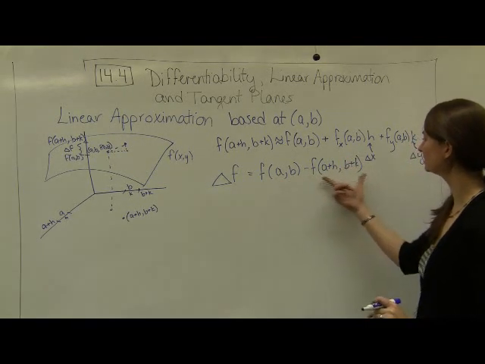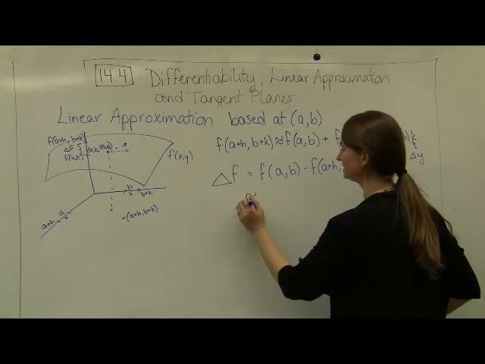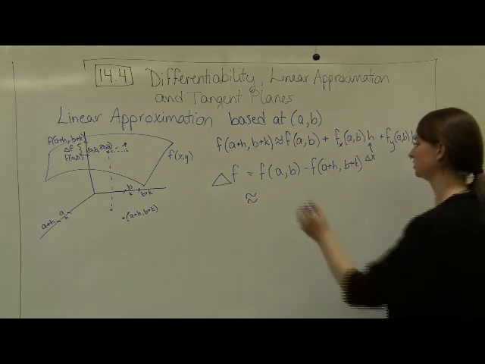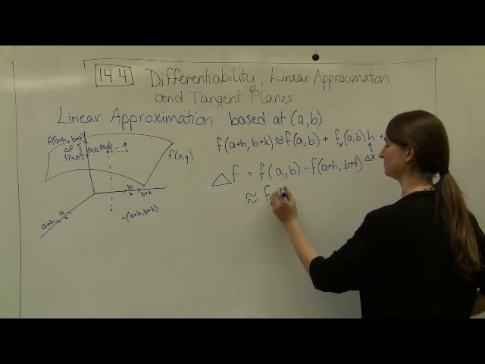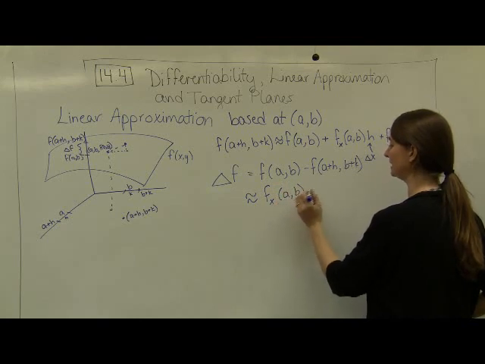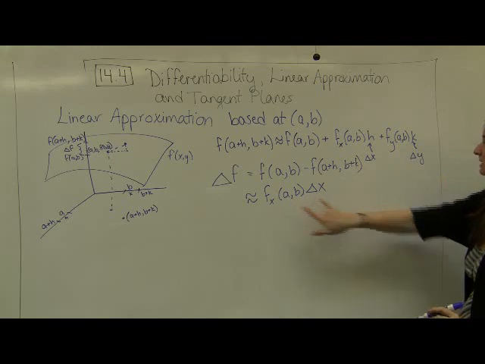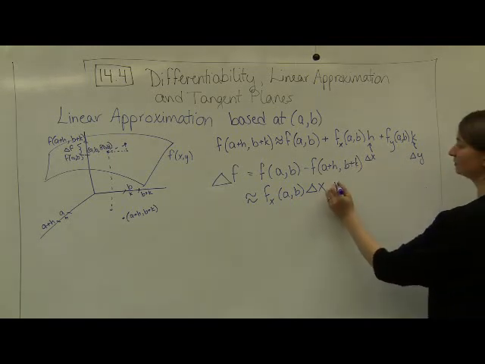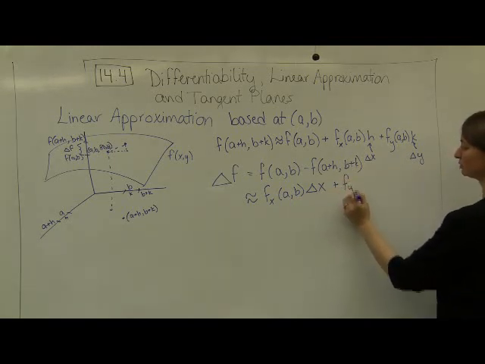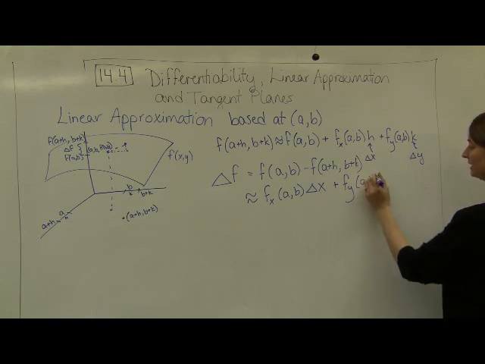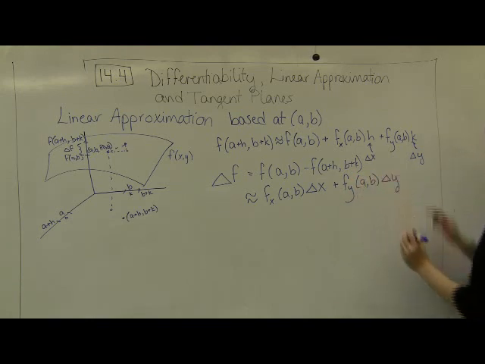And I can approximate this change by saying that it's going to be about equal to my partial derivative with respect to x evaluated at (a, b) times my change in x. Notice that's exactly what this term is, plus my partial derivative with respect to y evaluated at (a, b) times the change in y.